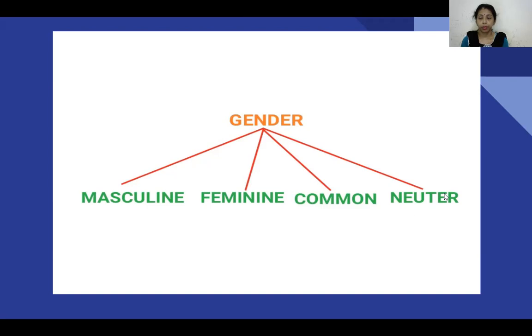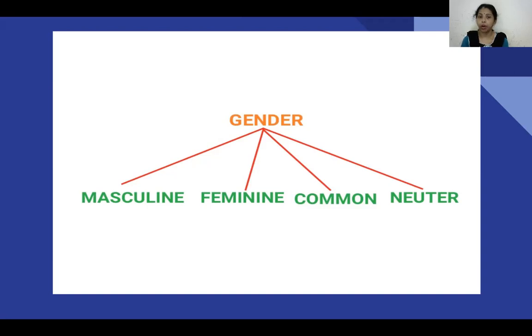Neuter gender means, in the world we human beings and animals are all living beings because we can breathe, we have life. But in the world there are some things also that cannot breathe, they are all non-living things, like computer, pencil, book, pen, mobile.